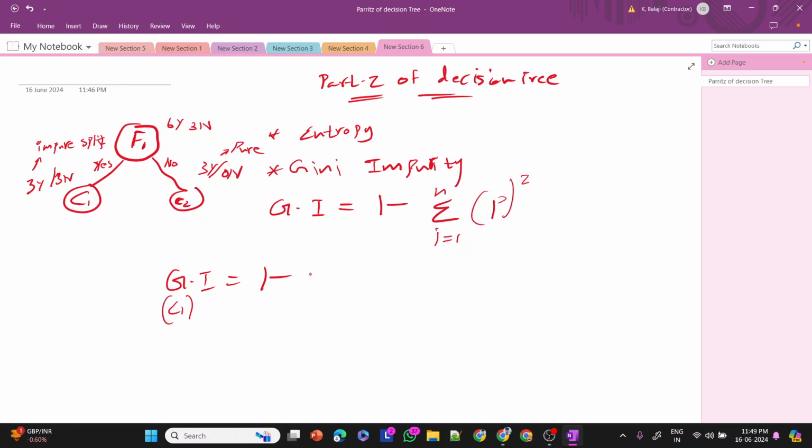1 minus, the probability of yes is 3 by 6, whole square, plus the probability of no is 3 by 6, whole square.